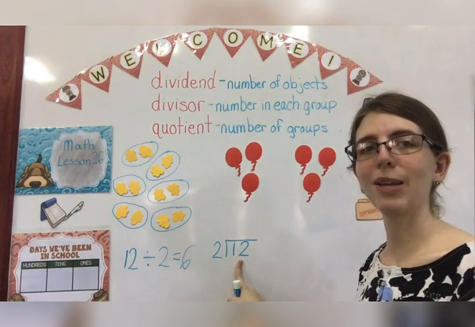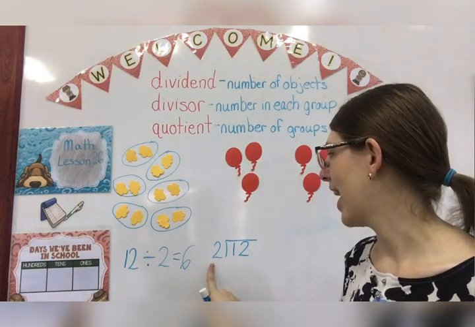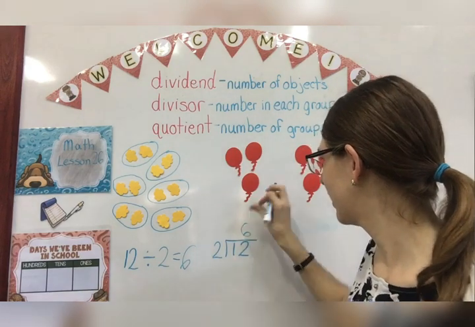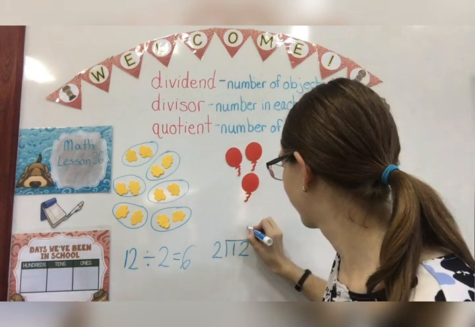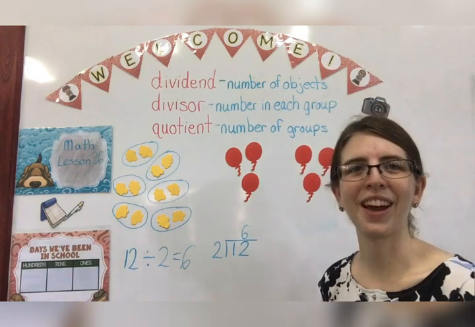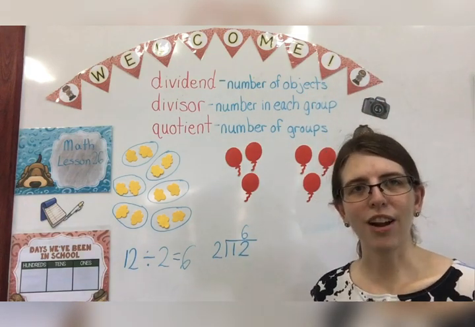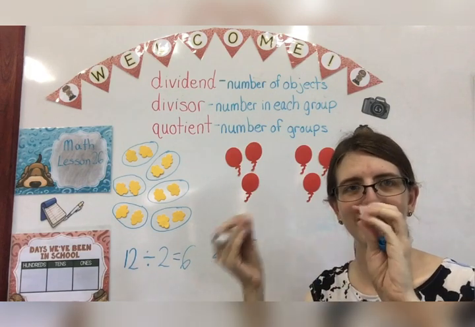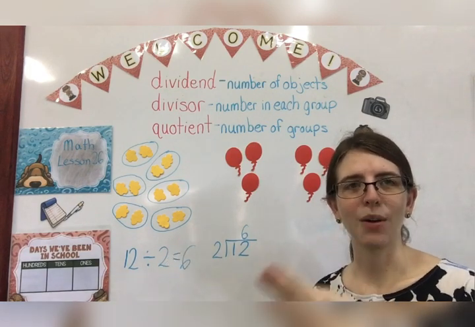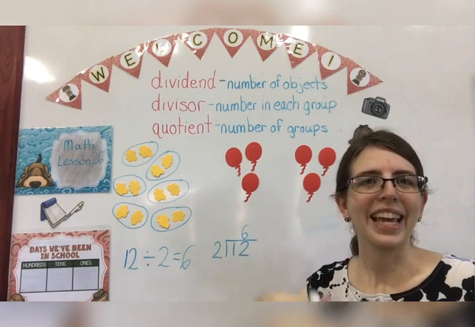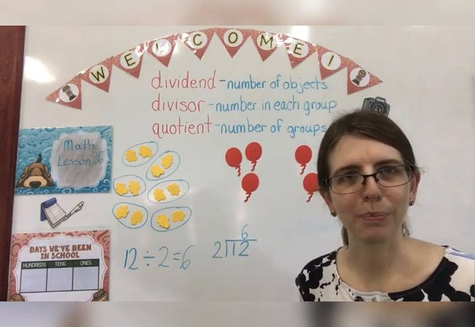So 12 objects in total, entre dos, is equal to 6. Okay? So 12 divided by 2 is 6. So we take our groups, or our objects, we separate it into groups. So our objects in total divided by the number in each group equals our number of groups.